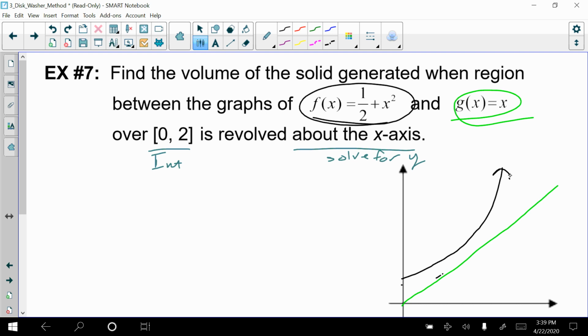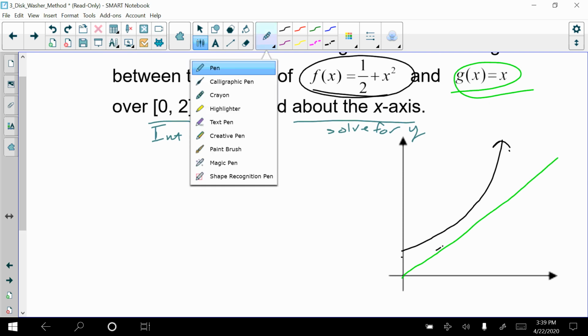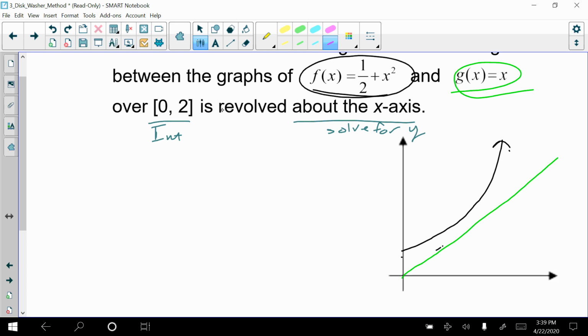So we're going on this one from 0 to 2, and because we're revolving it around the x-axis, that is where the interval is going to be from 0 to 2. Now the region that we're going to be looking for essentially is going to be in between these two bits here.